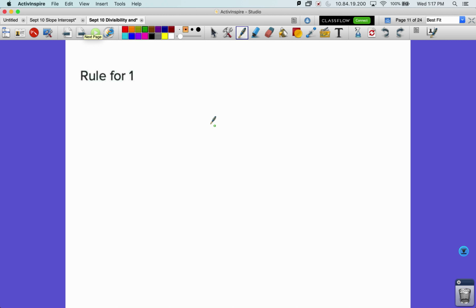All right, let's go through a few divisibility rules. Here's the rule for 1. It's very easy. Everything is divisible by 1. So 1 should be included in all of our lists if we want to list down all the numbers that divide it evenly.